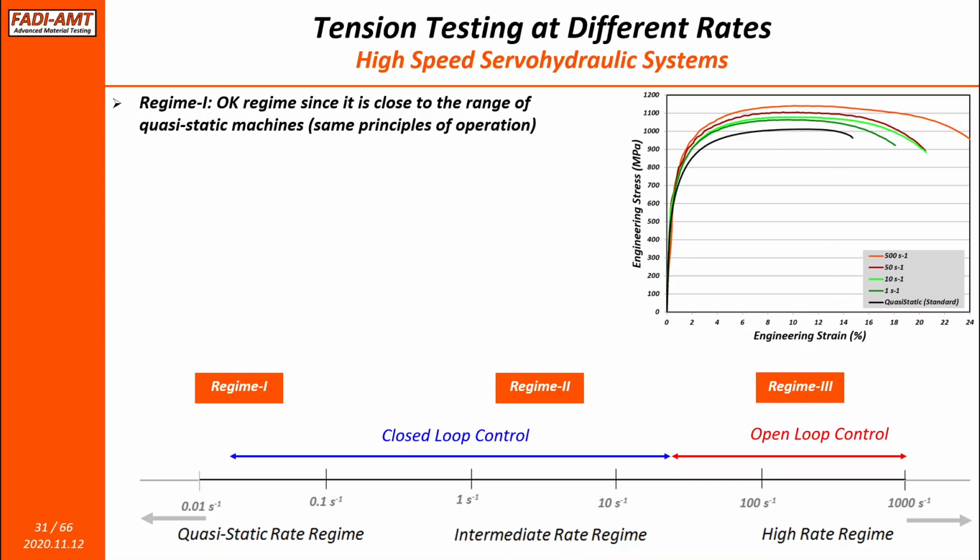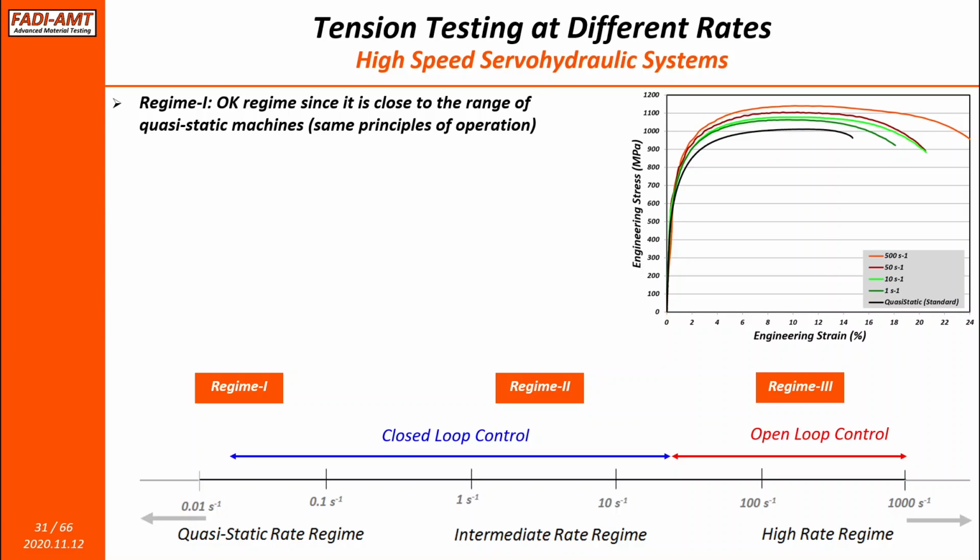The first regime for these machines, which is the high quasi-static, typically there isn't any problem. It's just like any other machine that you've used, except that it's a servo-hydraulic machine. So it's not going to be as accurate as an electromechanical system, but it just behaves like a servo-hydraulic system.